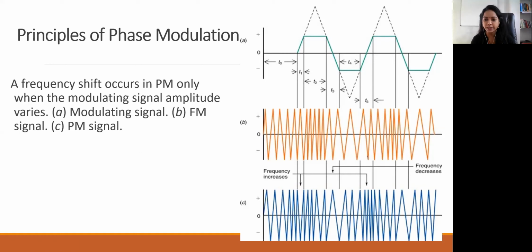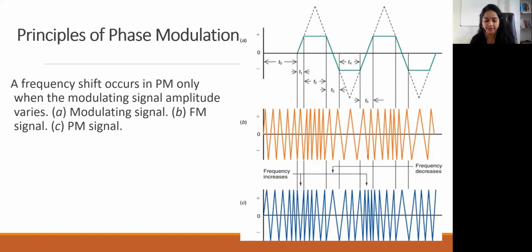We have already seen frequency modulation in our last class. Here you can see that as the amplitude varies for the incoming signal, the frequency changes, and as it is shifted from positive to negative, you can observe the frequency change drastically. Instantaneously the frequency is changing.